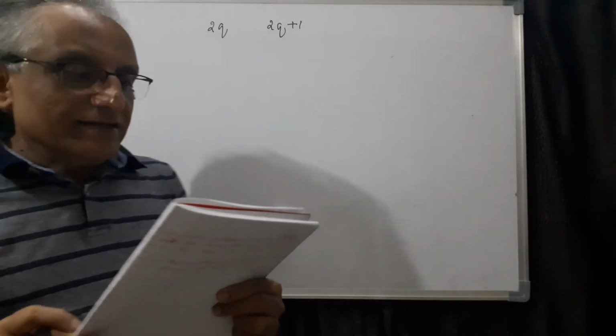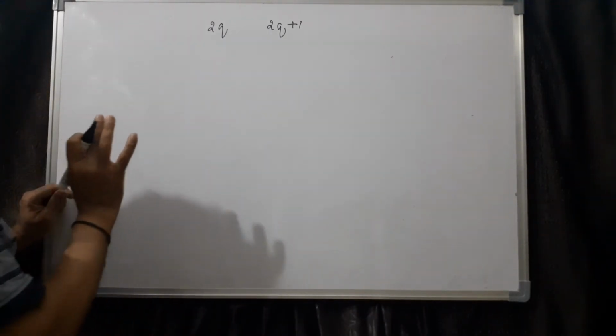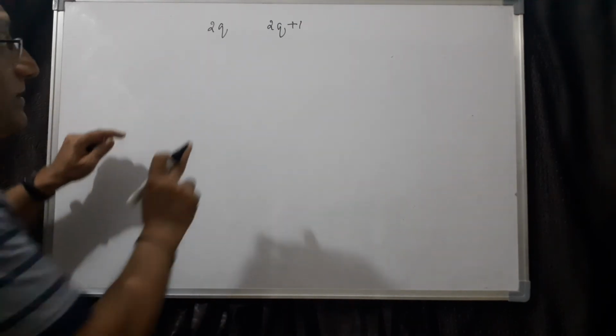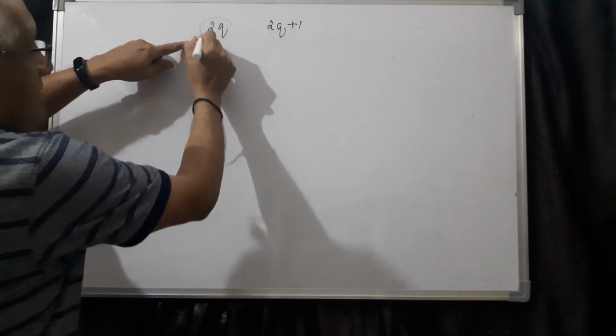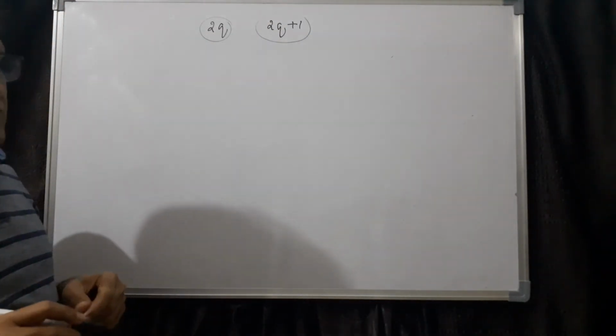So this is the first question, meaning every even integer can be written in this form, and every odd integer can be written in the form 2q plus 1.